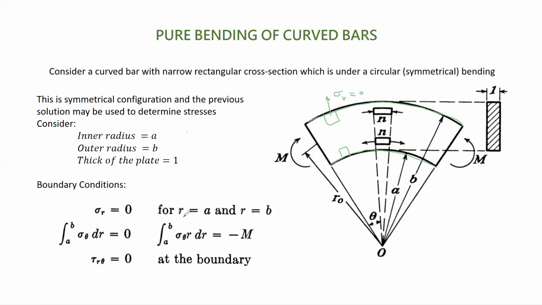At r equal to a or at r equal to b, sigma r is equal to 0. I don't need to worry about tau r theta because we have shown for the symmetric problem, this is always 0 anywhere on the material. So on this surface, we have to show only that sigma r is equal to 0.